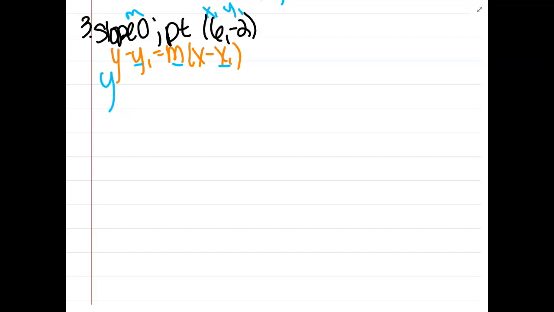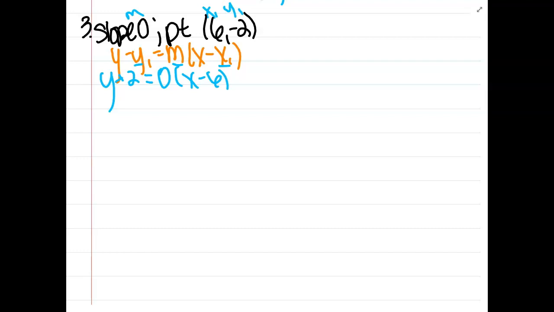So the first one's going to be y minus negative 2. Minus a negative 2, this time my y-coordinate is going to be a plus 2, equals, my slope is 0 times x minus, and x1 is going to be 6. Okay, that's your equation of the line. What I need to do now is put it into slope-intercept form, into y equals.